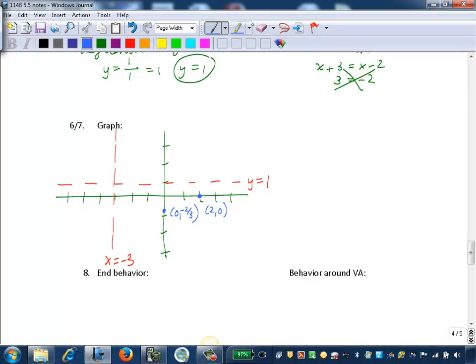If we graph the hole, 1, 2, 3, 4, 5, -5, and then 7 halves, 3.5. So maybe up here. And instead of a filled-in circle, we're going to draw an open circle for a hole, kind of like we did on the piecewise functions. And so this is at -5, 7 halves.